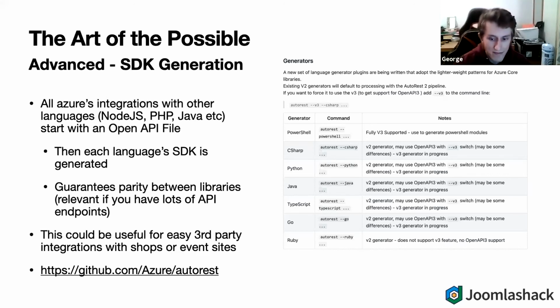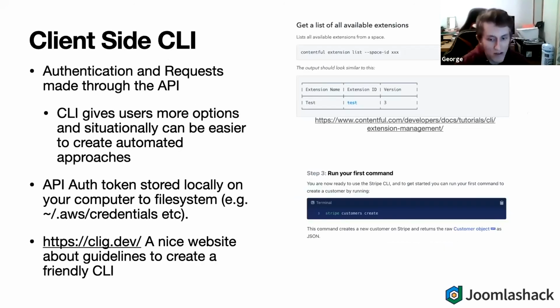And finally, to bring it all back around, we can go back to this concept of client-side CLIs. So you can have authentication and requests made through the API, and you can imagine now how this wraps. And I wanted to give you an idea of this. You can see Contentful's examples there, Stripe's examples. These are all examples of CLIs that reach out to an API to do the magic underneath.